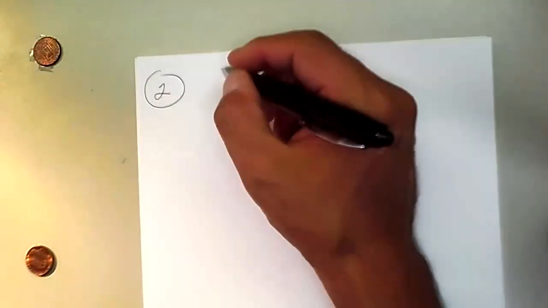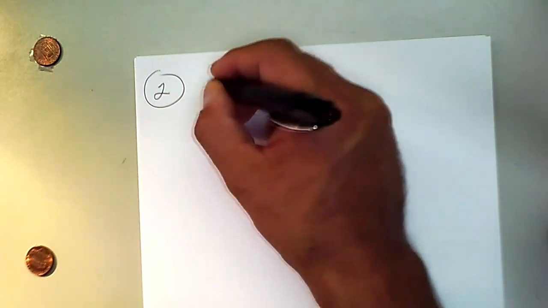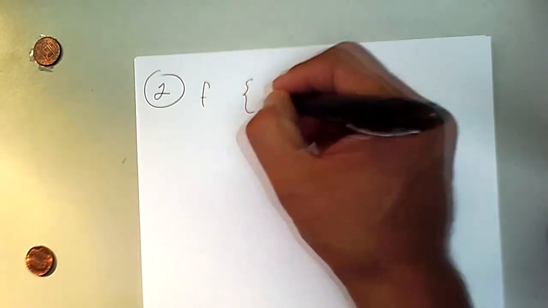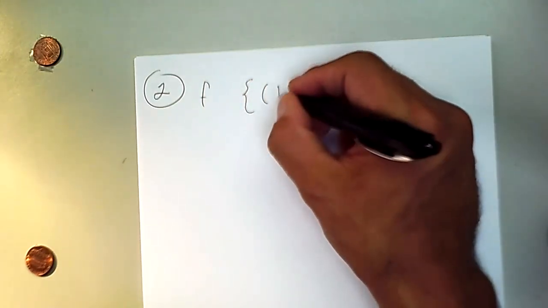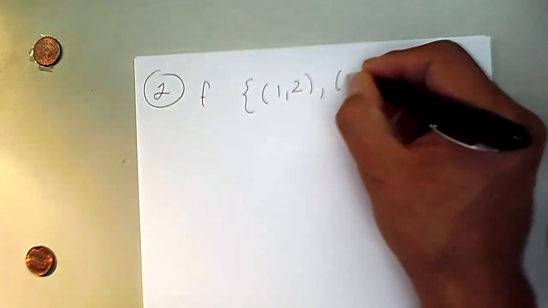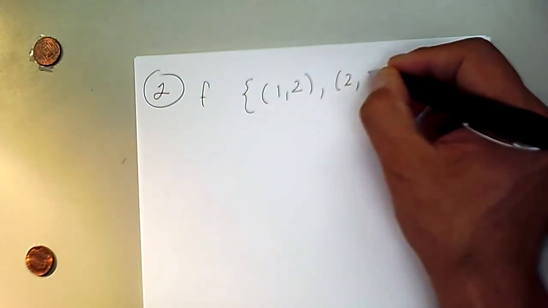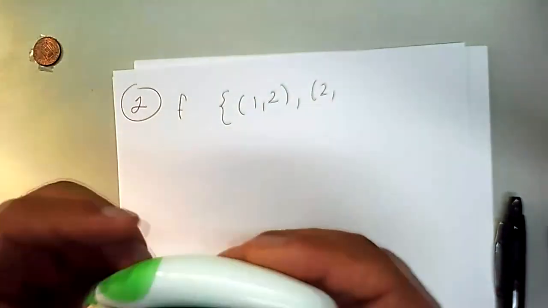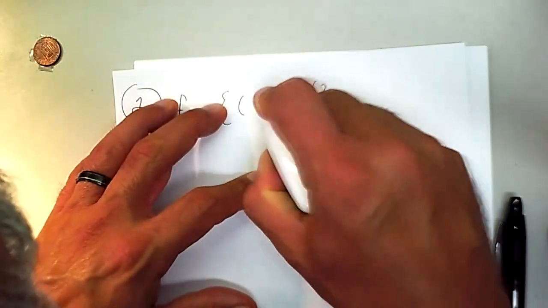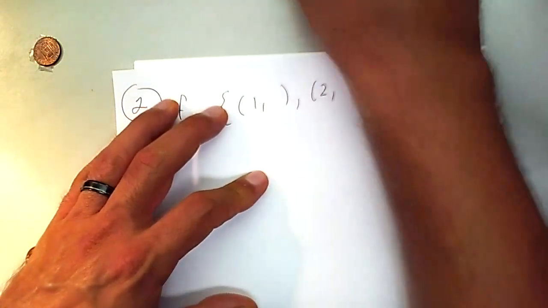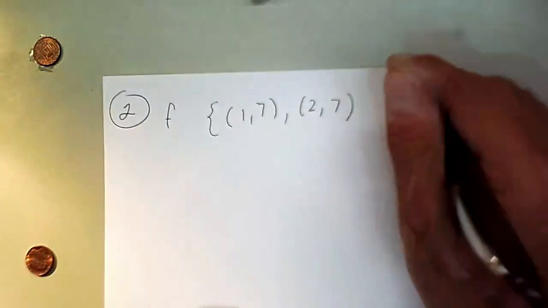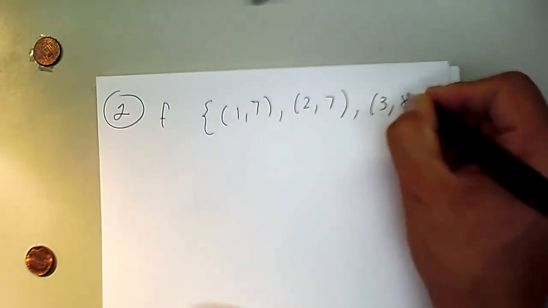Example 2. Okay, and this is more of a set example. So let's say we have a function f that is defined by a set of pairs. So 1 goes with 7, 2 goes with 7, and 3 goes with 8.